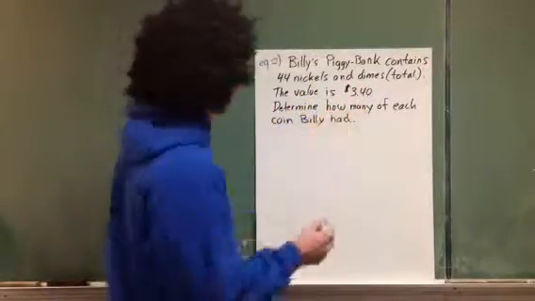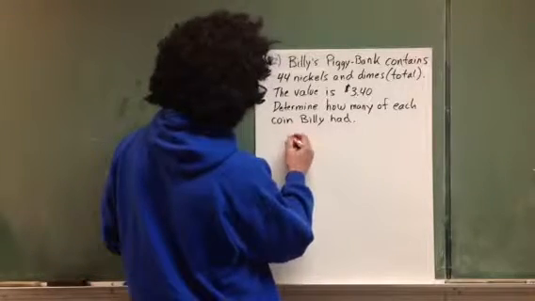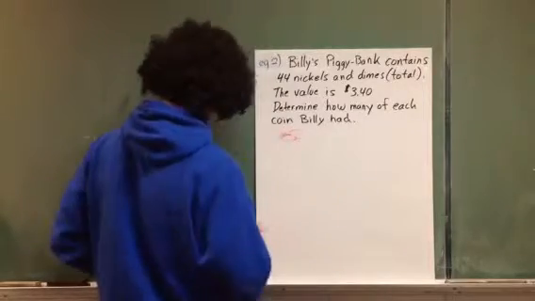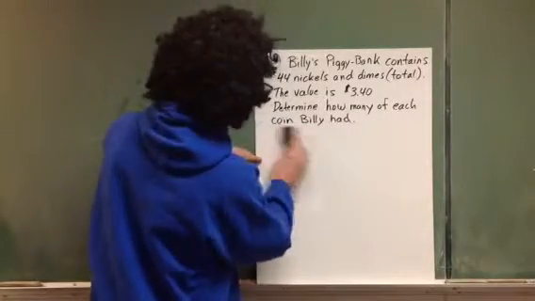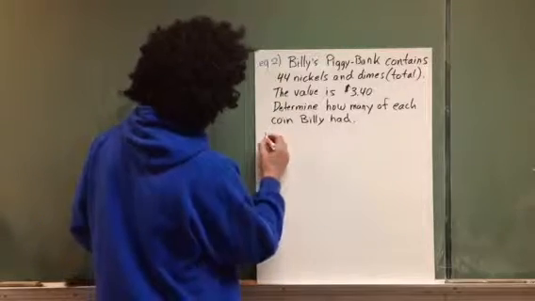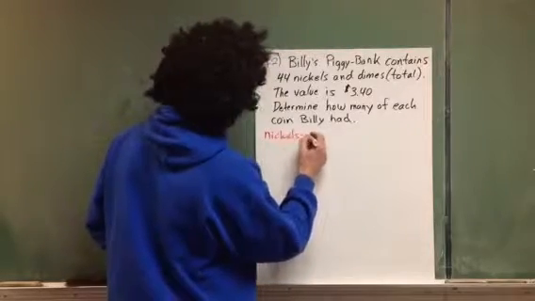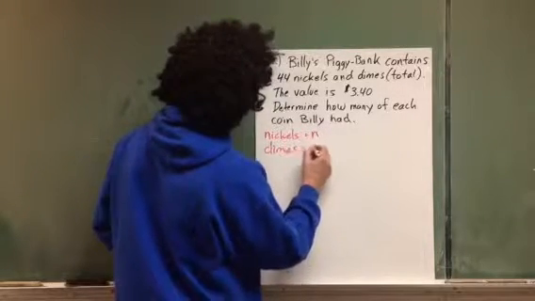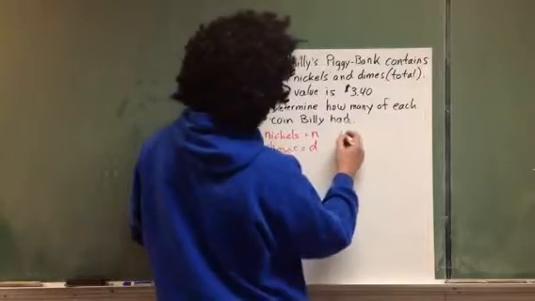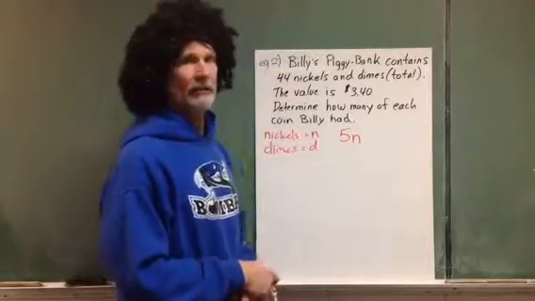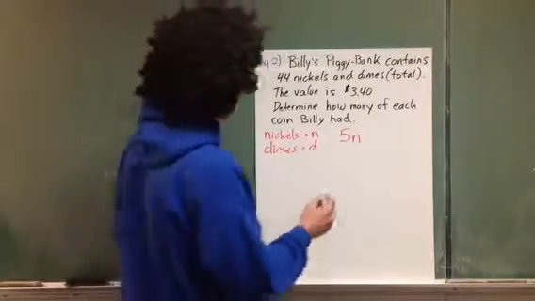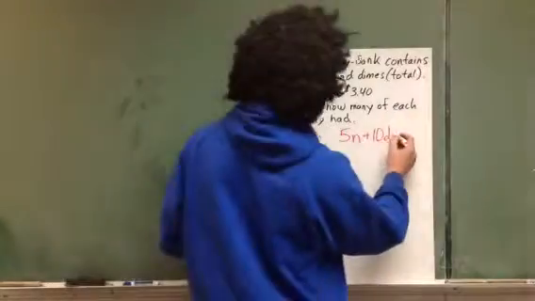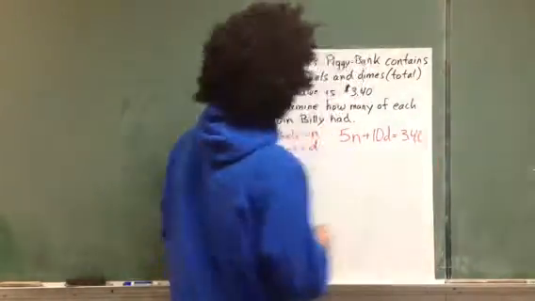I think that's easier. So one equation would be that 5 cents times the number of, well, let's give some variables first here, sorry. We'll let the nickels equal N, and the dimes, we're going to let those be D. Okay, so 5 times the number of nickels will give me the value of nickels in cents, plus 10 times the number of dimes will give me the value of dimes in cents, equals 340 cents.